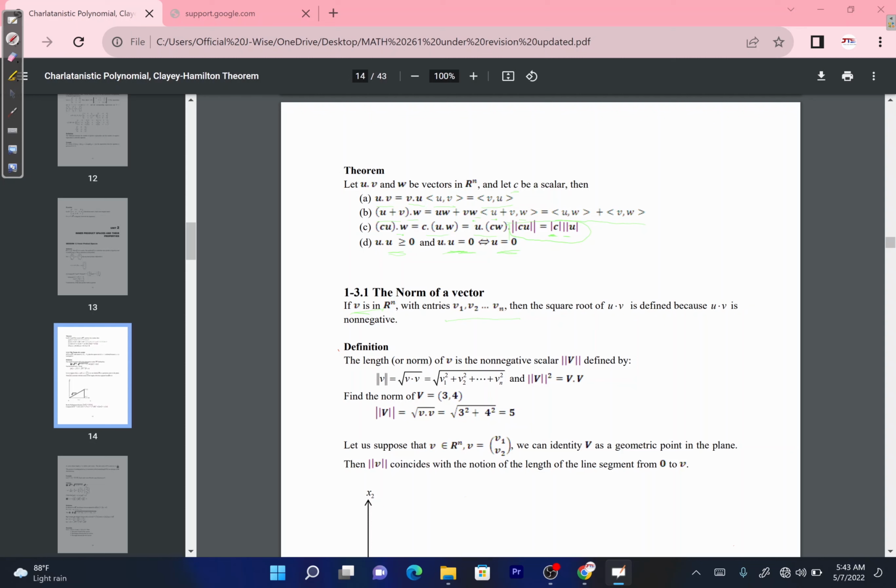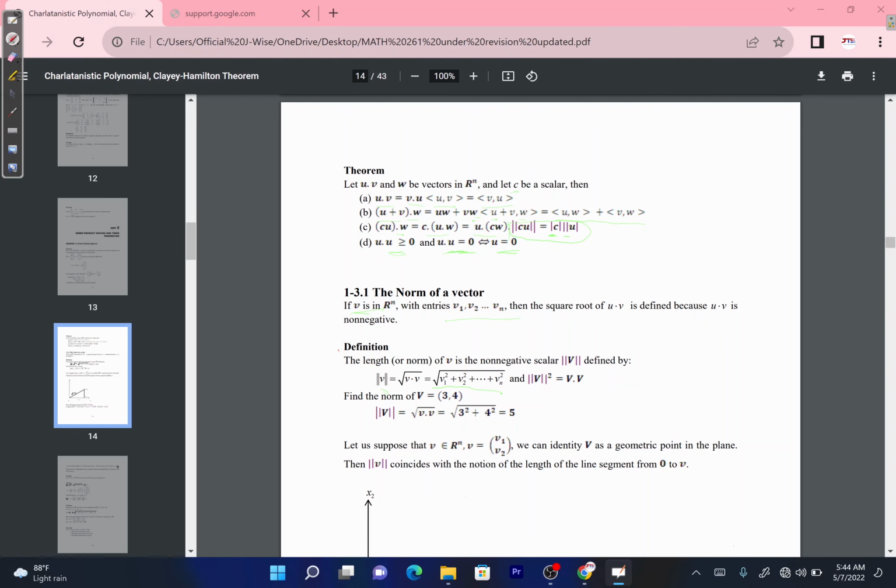So the norm of this vector is given by this. We are using the Euclidean norm because all the elements in v are real numbers.